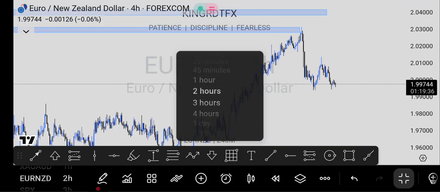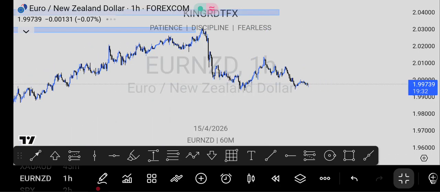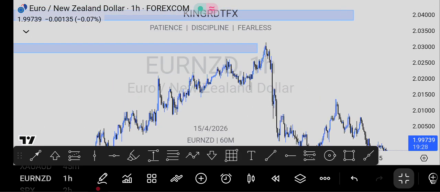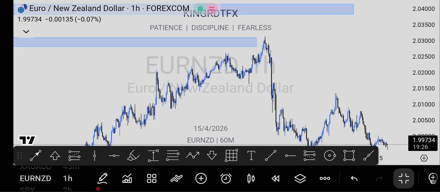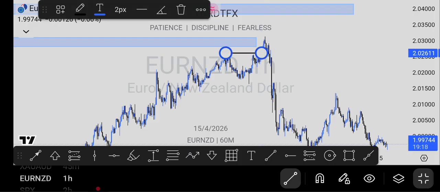I'm gonna go to our 1 hour. On the 1 hour, we have a break of structure here, the last break of structure to the order block.